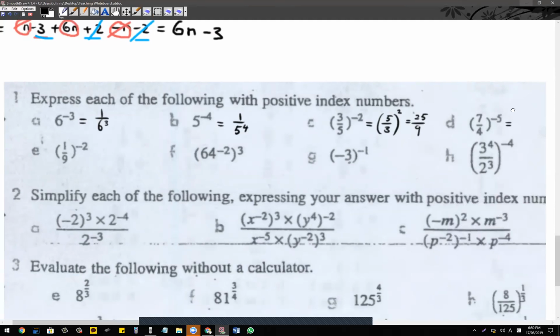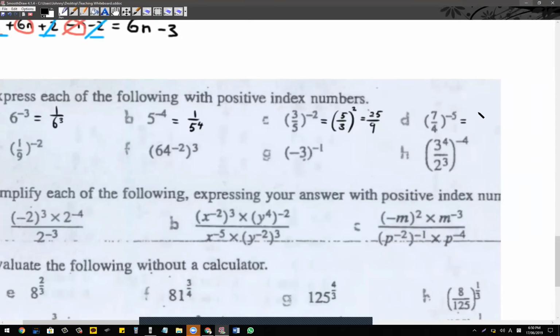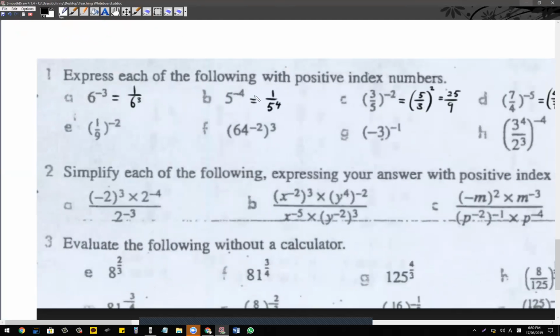Next one, you can also change this to 4/7 to the power of 5. So that's equal to 4 to the power of 5 over 7 to the power of 5. This one here, you can change it to 9/1, which is 9 to the power of 2. So this is 81.